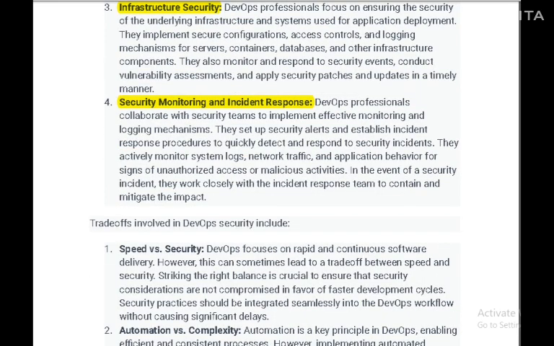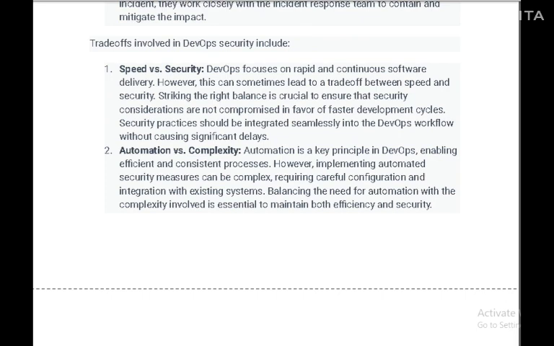The fourth role is security monitoring and incident response. DevOps professionals collaborate with security teams to implement effective monitoring and logging mechanisms. They set up security alerts and establish incident response procedures to quickly detect and respond to security incidents.